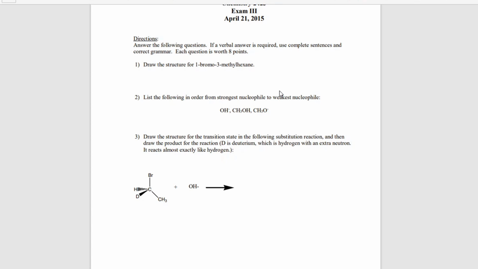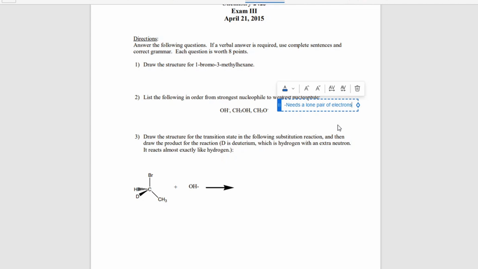Essentially, for something to be a nucleophile, it has to have the ability to donate electrons. So in other words, it has to have a lone pair of electrons that it is willing to donate.